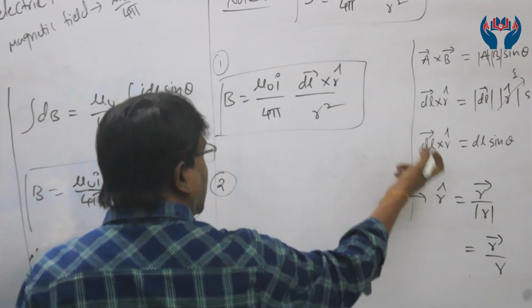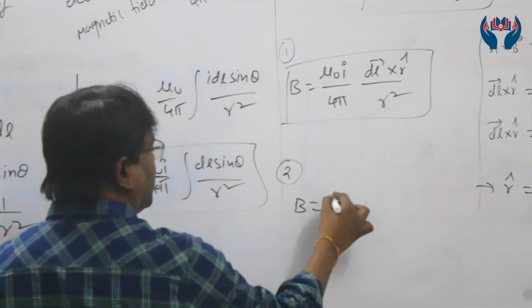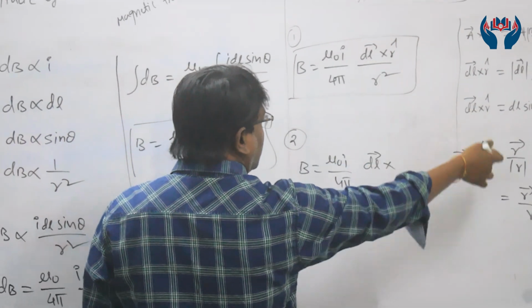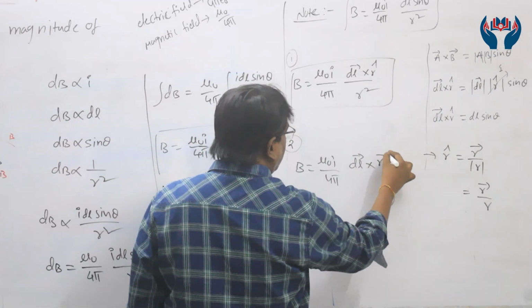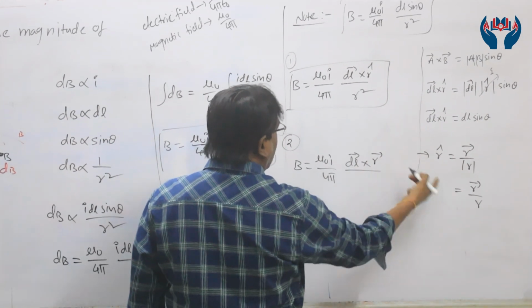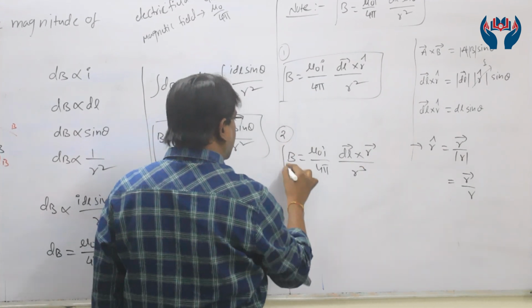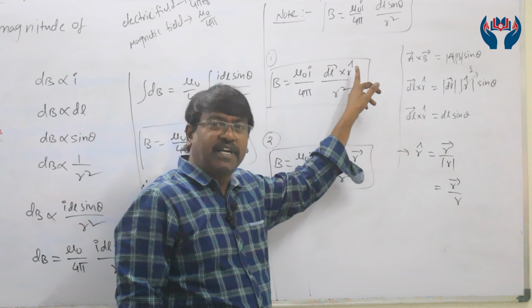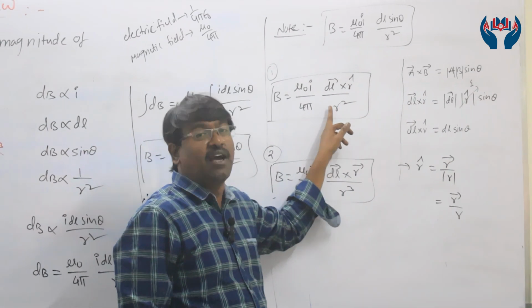Now substitute this r cap value in this equation. Then we will get mu naught by 4 pi dl cross vector r by r, so the denominator becomes r cube. This is another form. So dl cross r cap, if it is r cap, the denominator should be r square.